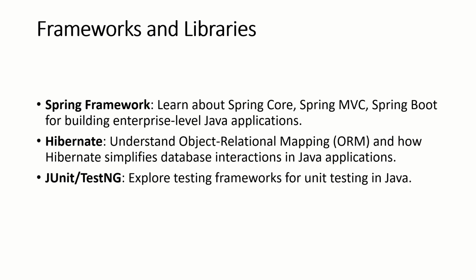So those things you can do using Hibernate. So this is nothing but an object relational mapping tool. How it works, how it simplifies your database interaction, how it simplifies your life to write the queries. So those things you need to learn. Once you learn Hibernate, try to focus on the JPA as well.